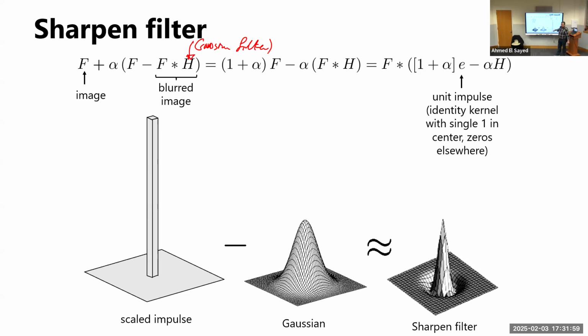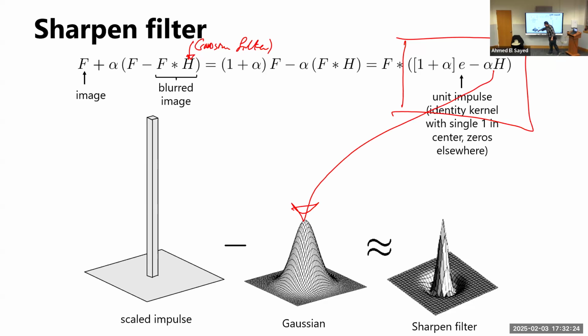Now, if you did it for the filter itself, so this is the filter. It's 1 minus alpha times the original. So this is the impulse or the scaled version, minus the filter scaled also, will give you a sharpened filter.